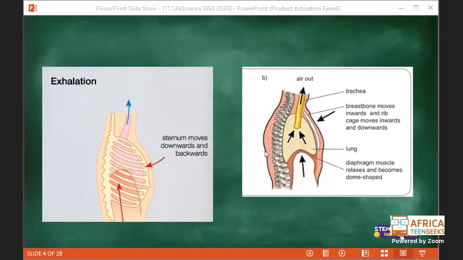We looked at both of these diagrams, so let us quickly focus on the one titled B. Here we have the air going out of the trachea from the lungs, the breastbone moves inwards, and the ribcage moves inwards and downwards. The diaphragm muscle relaxes and becomes dome-shaped or arc-shaped.